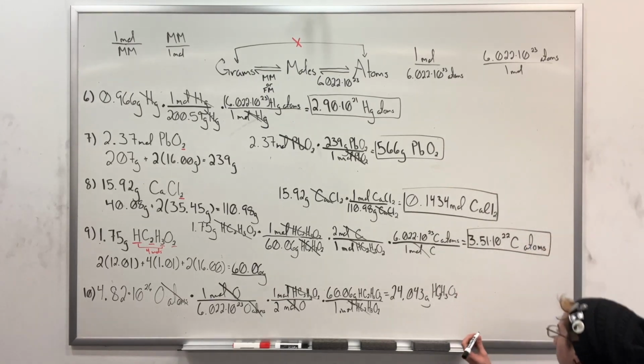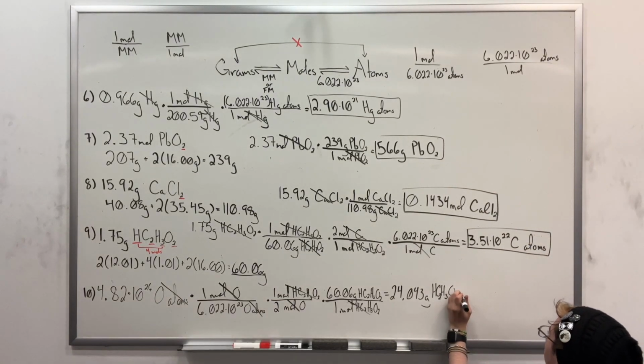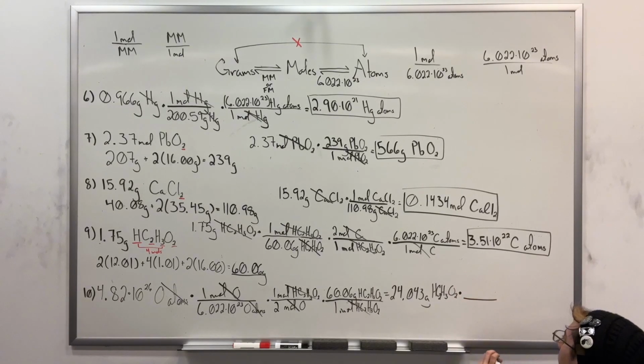And so now the last part is just to get this out of grams and into kilograms. I'm going to use the textbook's notation for this. So grams is in our numerator. We want grams then in our denominator when doing this work.